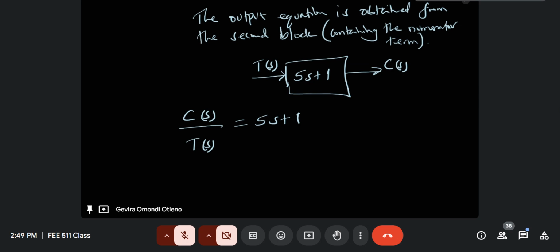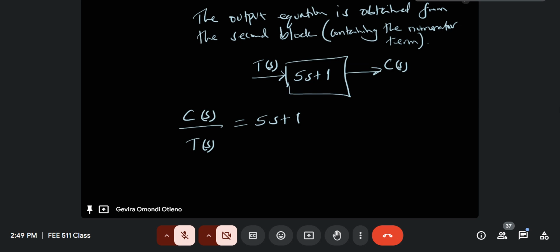The second block for the output equation has the same state variables, because this is one system. It's only we who cascaded them for ease of manipulation.